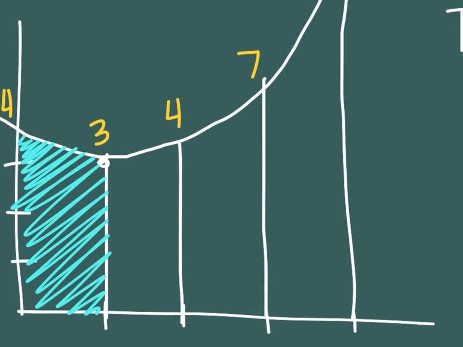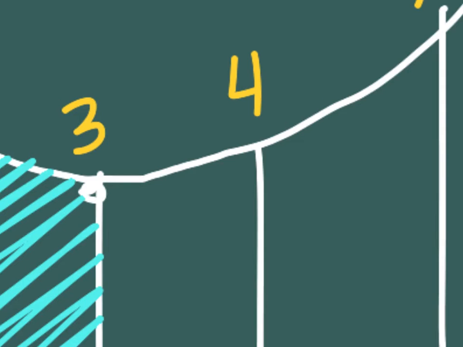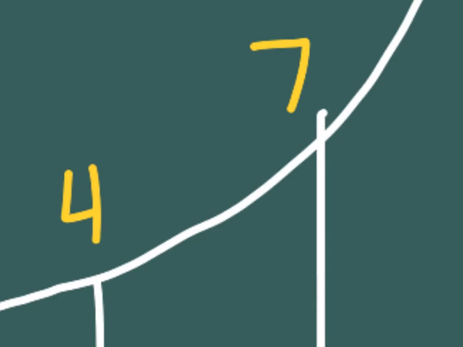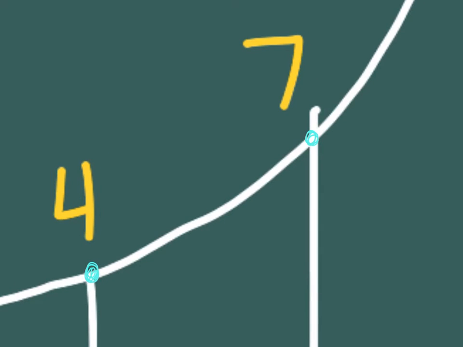Okay, let's zoom way in on a particular, well, let's pick the 4 and the 7. This graph is concave up. What that means is when I connect the endpoints at 4 and 7 and make a straight line, that would form the top of my trapezoid. Okay. The top of the trapezoid is going to be like this.